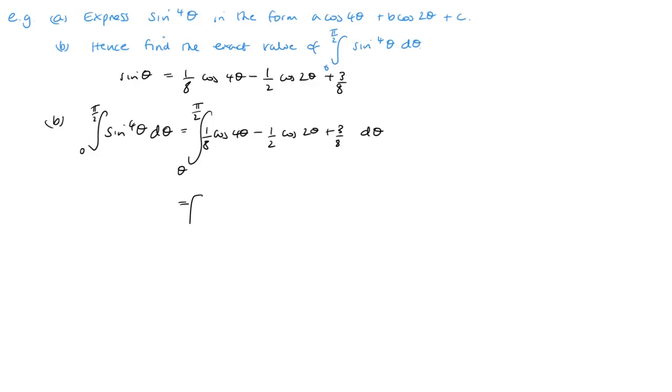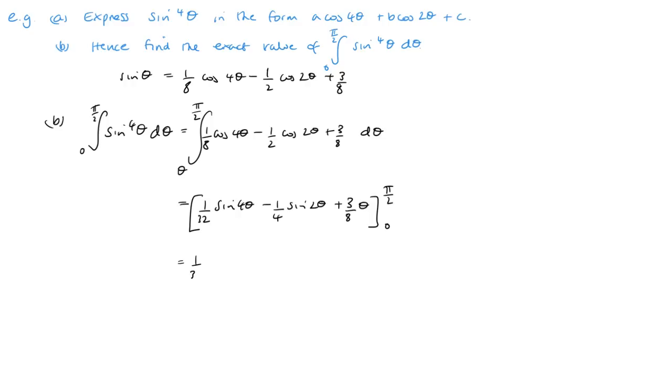Now, cos integrates to sine 4 theta, divided by 4, so 1 over 32. Cos integrates to sine, so this is going to be sine 2 theta divided by 2 plus 3/8 theta. And this is between pi by 2 and 0.